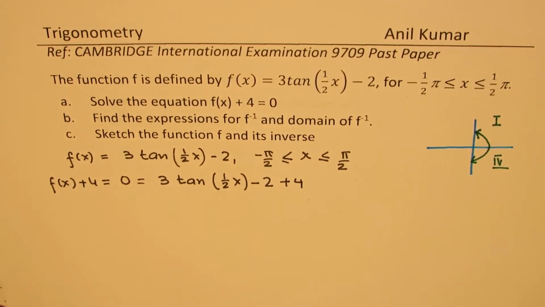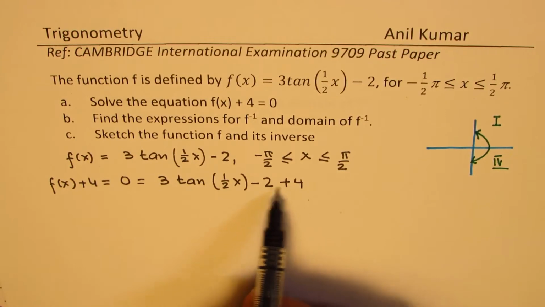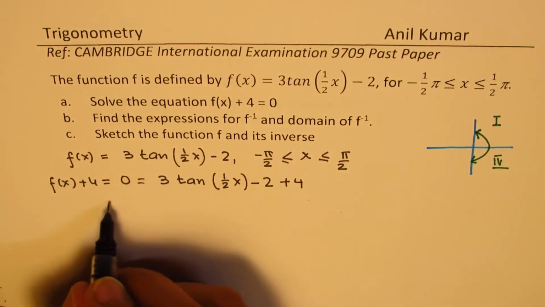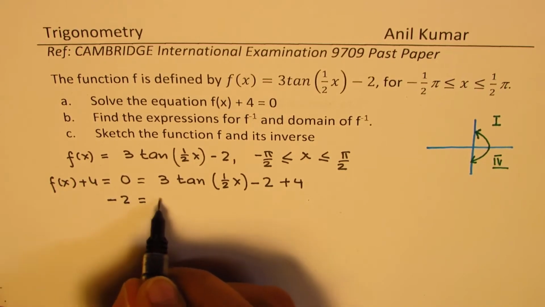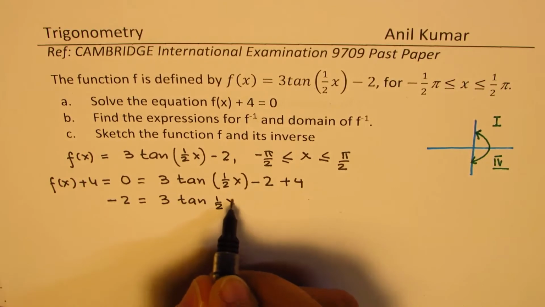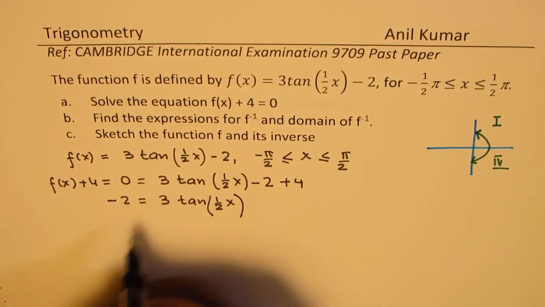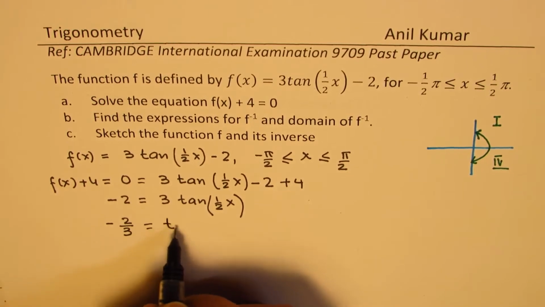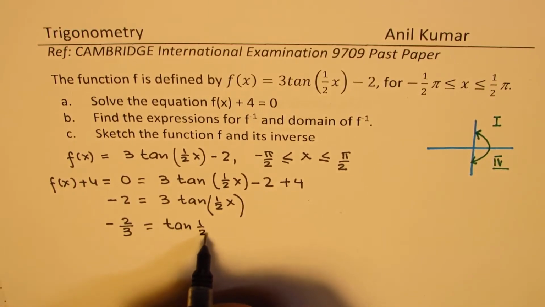Let's try to solve it. Taking numbers to this side, this is plus 2. We get minus 2 equals 3 times tan of half x, or minus 2 over 3 equals tan of half x.